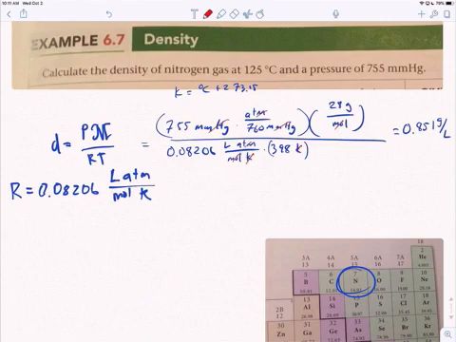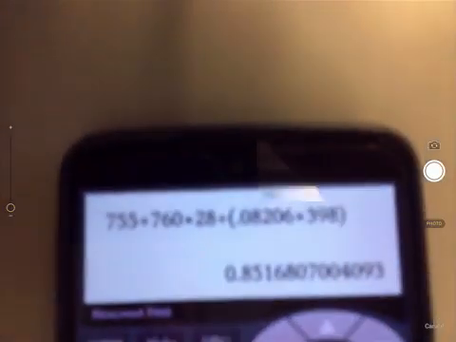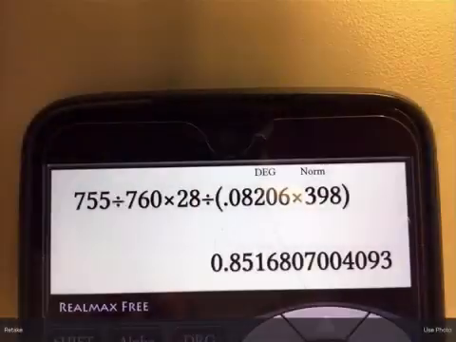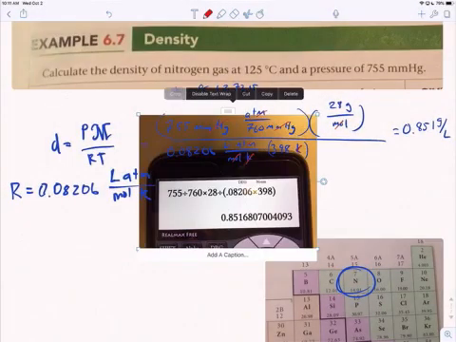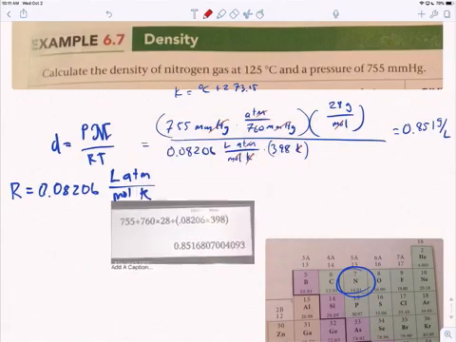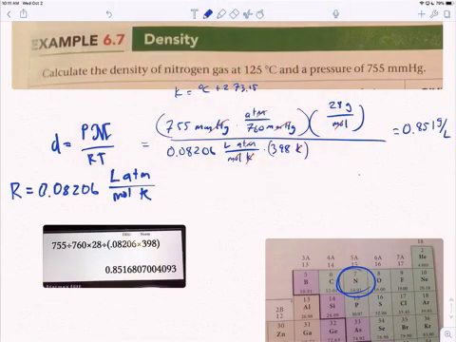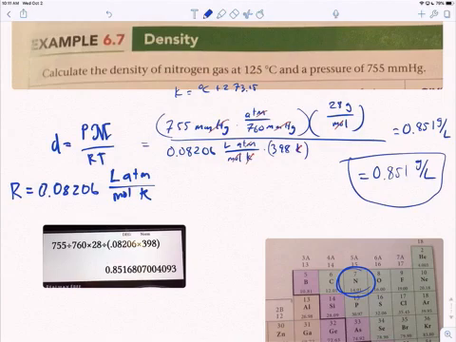And let me take a picture of this. Okay. So our answer is, again, 0.851 grams per liter is the density of nitrogen gas at 125 degrees Celsius. So that's not much.